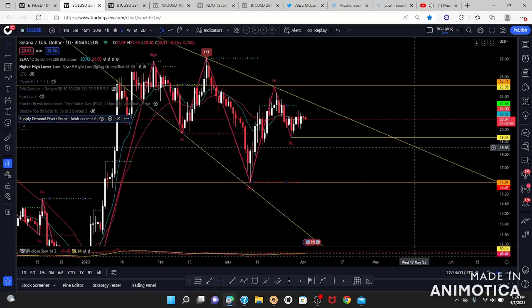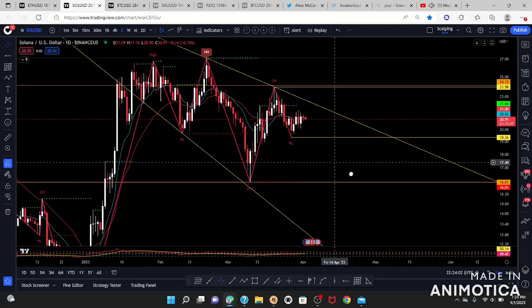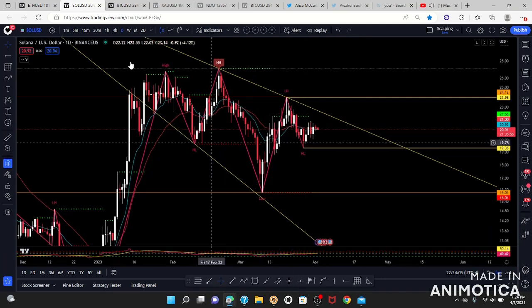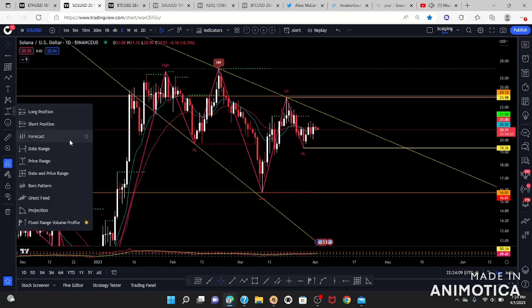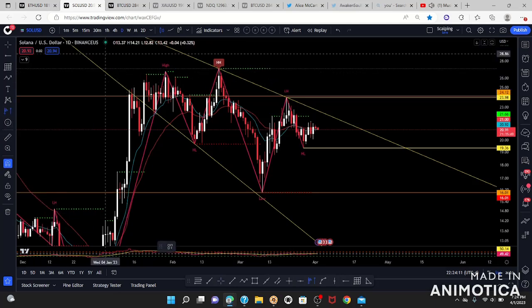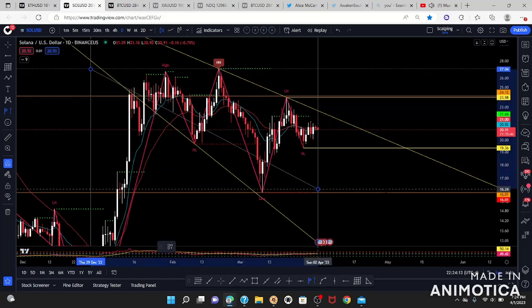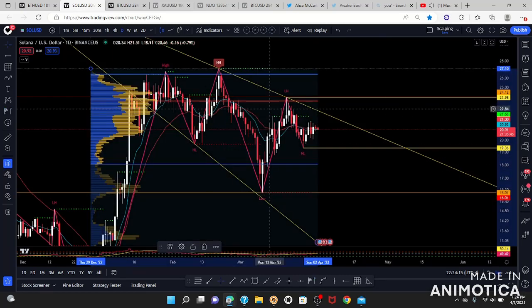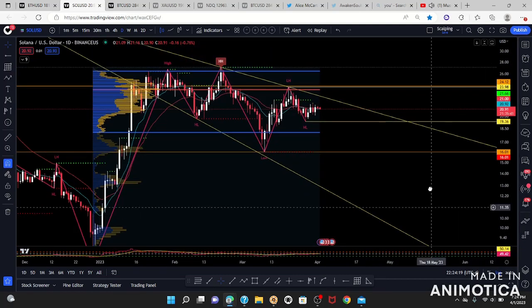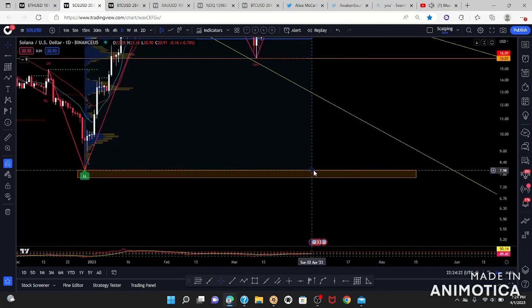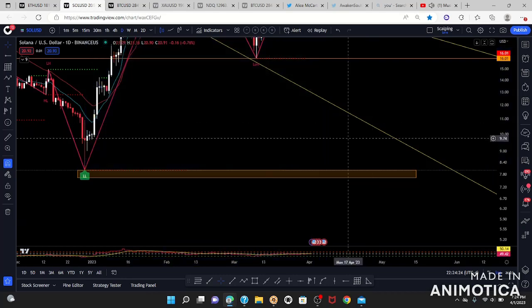What I also want to do, just looking at this contraction phase, I want to throw up my fixed range volume profile just to see where point of control is on my daily. Okay, we have it up here. So that means that there is more trading volume in that specific area.